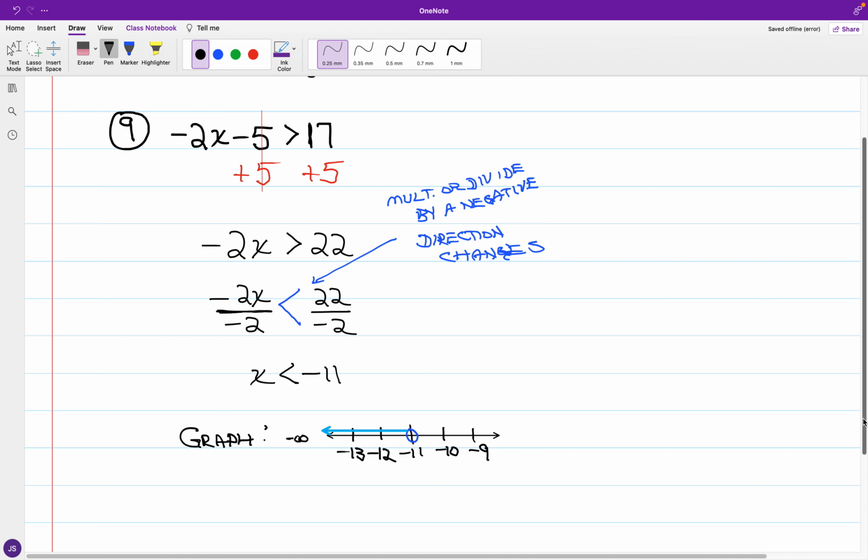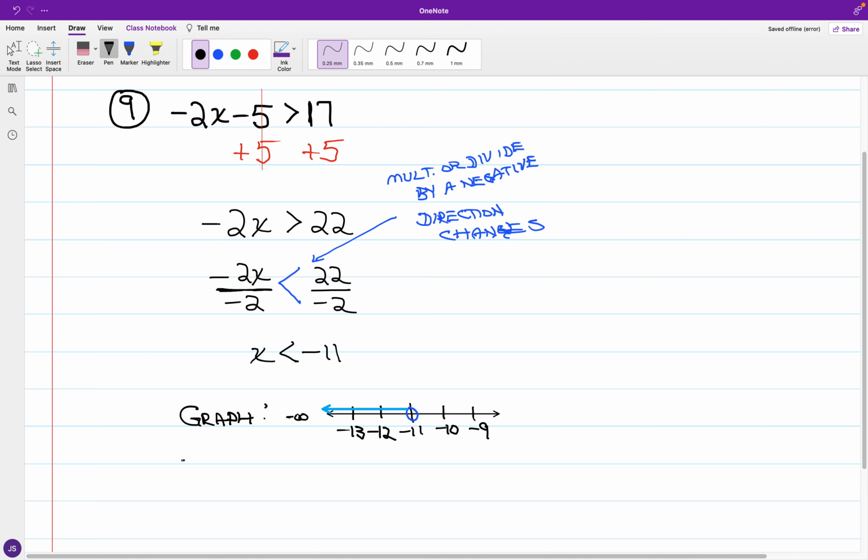Then with the other mode, this is what is referred to as the set builder notation. The set builder notation is just using grouping symbols to denote sets, and it basically repeats the inequality solution.